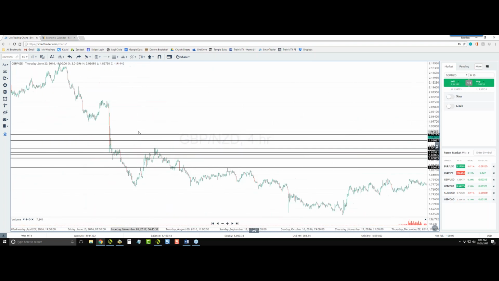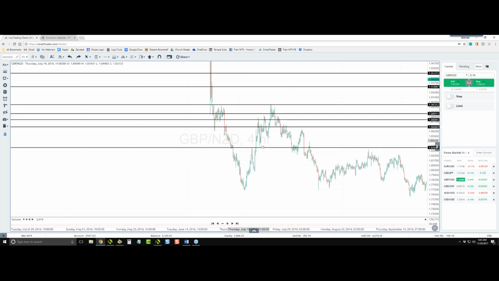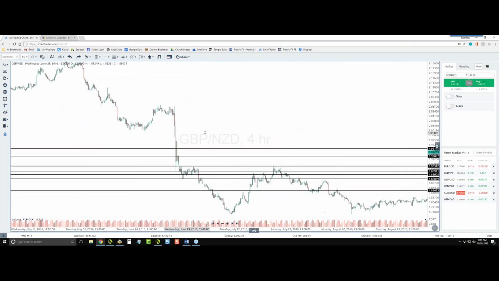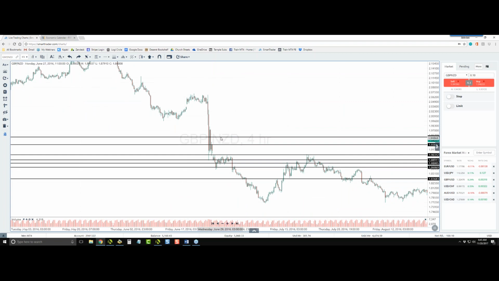Ah, there we go. Okay, so another resistance line. Past that other one, I have no idea, because this is ugly.